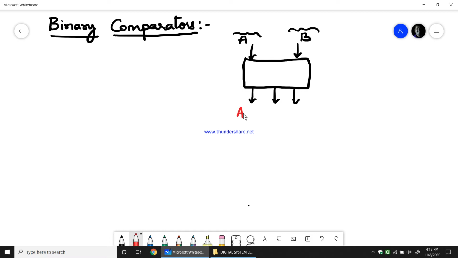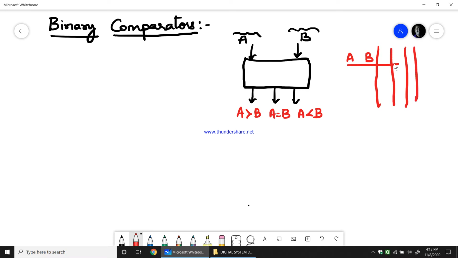One is A greater than B, second one is A equals B, and third one is A less than B. So when I compare A and B, we'll get three outputs here: A greater than B, A equals B, and A less than B. If A is greater than B, then A greater than B will be 1 and the other two will be 0.